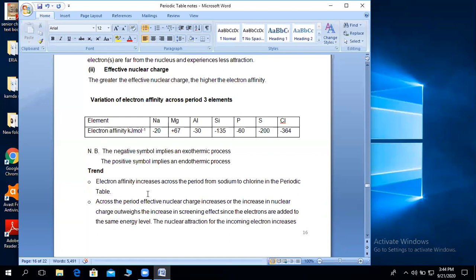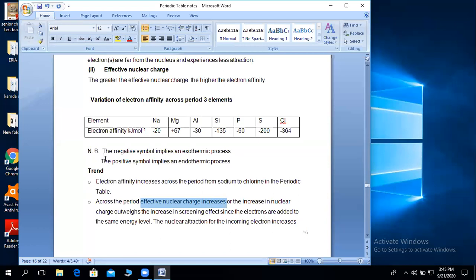So we are saying across the period, effective nuclear charge increases. Now, when I say effective nuclear charge increases, I mean the nuclear attraction is greater than the screening effect. Actually, both the nuclear charge and the screening effect increase.